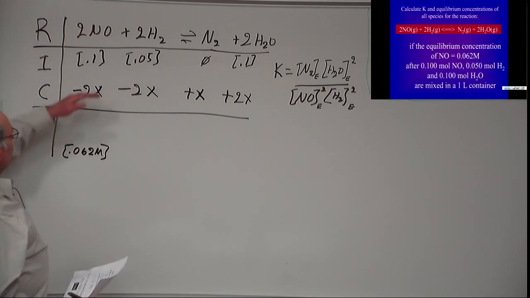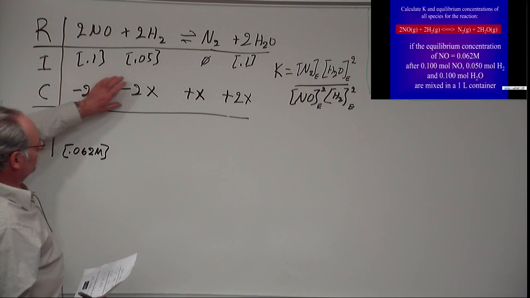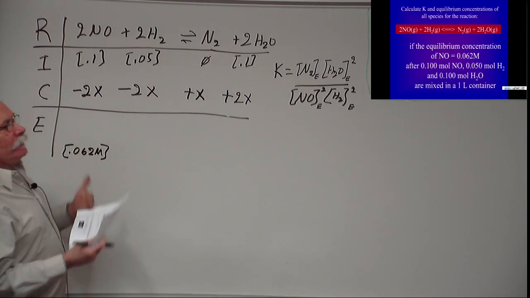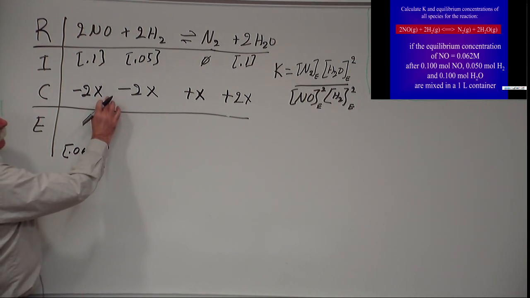Initially, we consume a couple, we make some. We consume more, we make more. And at some point, we reach equilibrium. And at that point, that's the value of X.